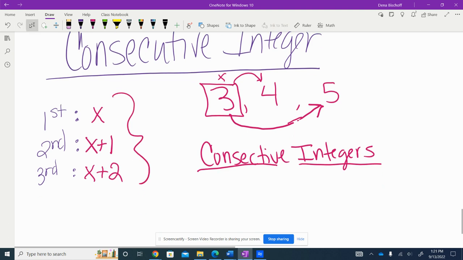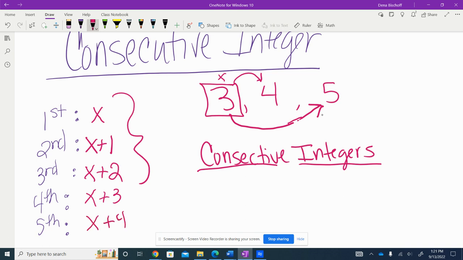So if I had 4 consecutive integers, what do you think the fourth one would look like? X plus 3. Good job, Hayden. If I had 5 consecutive integers, X plus 4. You guys getting it? You seeing what's happening here?